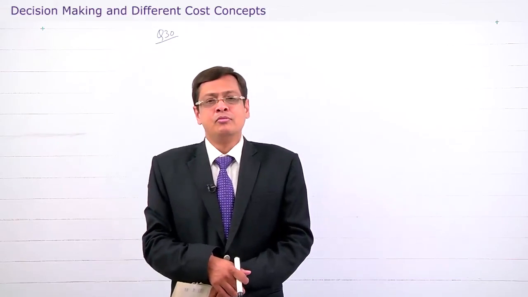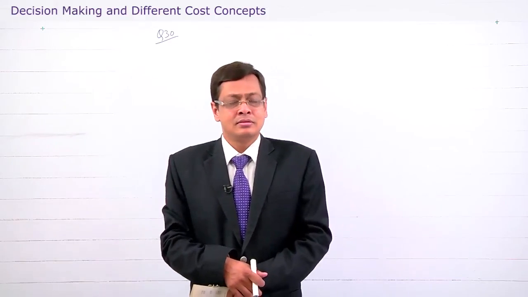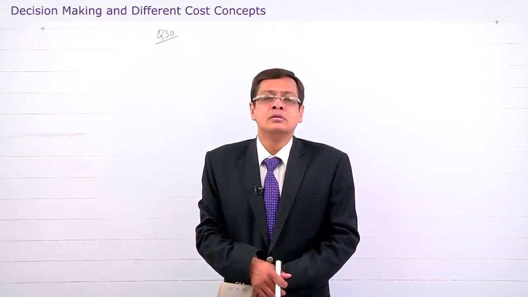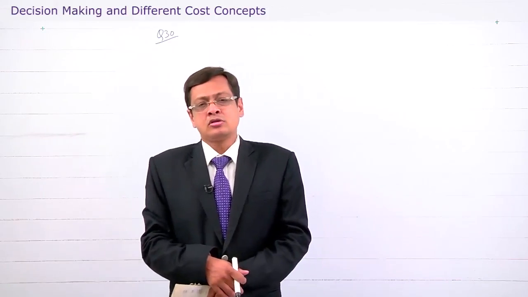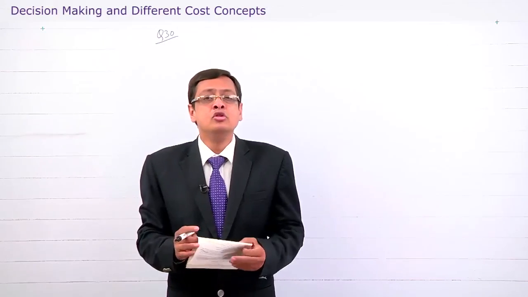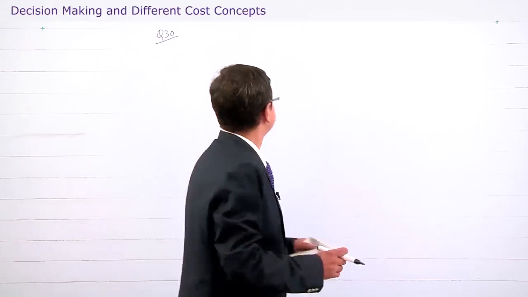Now we move to decision number 19. It talks of decision of new product pricing.